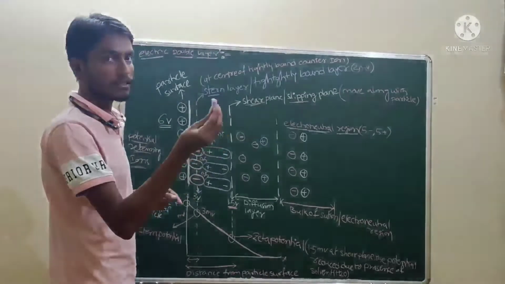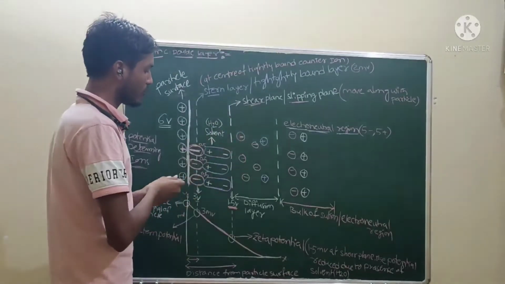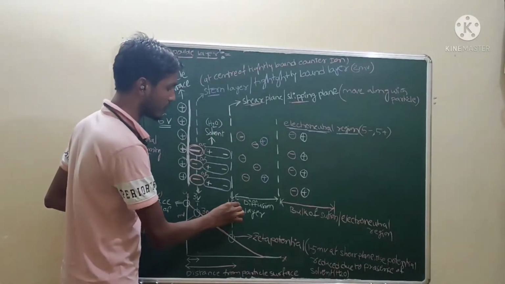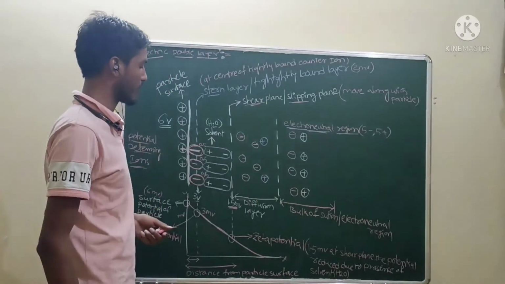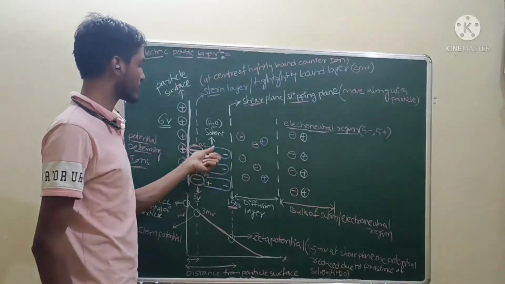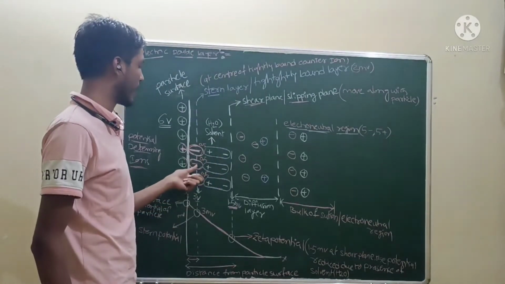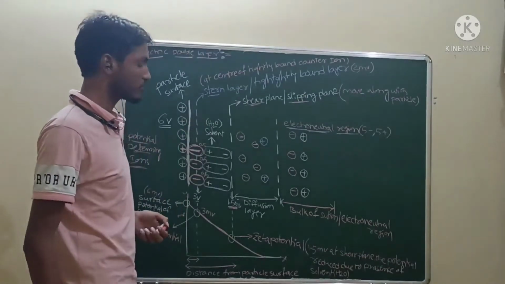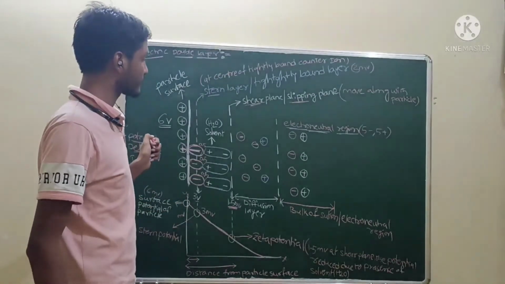So what will be the charge of the moving particle? 1.5 millivolt is present. Only 1.5 because, due to the presence of solvent molecules, these anions cannot effectively neutralize these positive ions. This is the basic concept here.